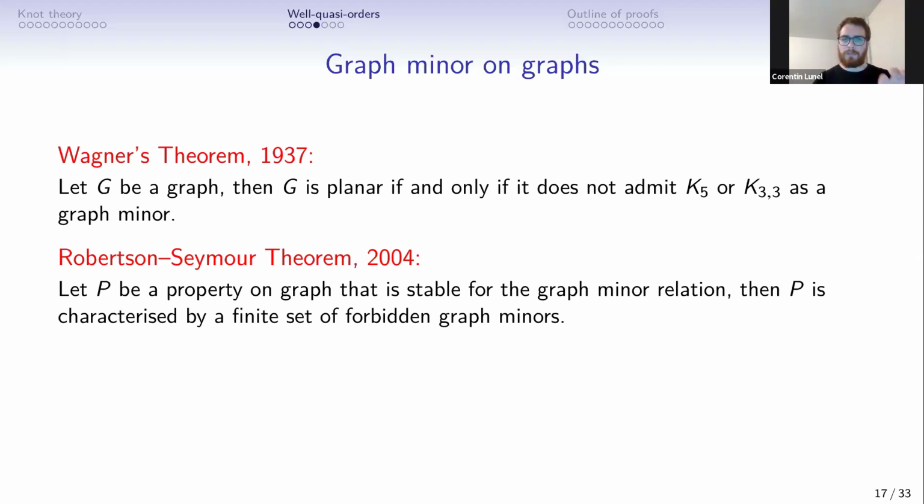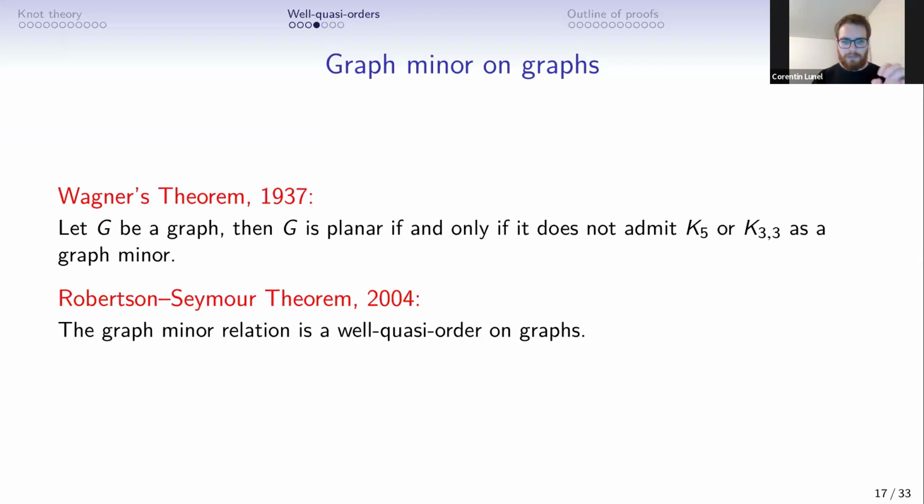The property could be being embeddable on a torus, on a projective plane, on a sphere, on more complex surfaces, or a different kind of non-topological property. But still, just because the graph minor relation is a well-quasi-order, we have the powerful result that it is characterized by a finite number of elements. Now I want to tell you why this is the case.